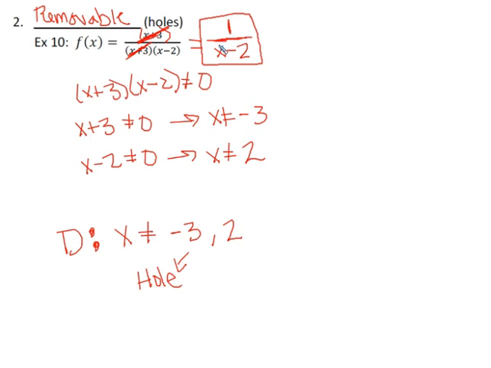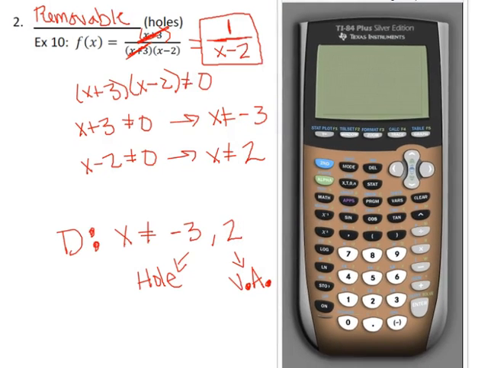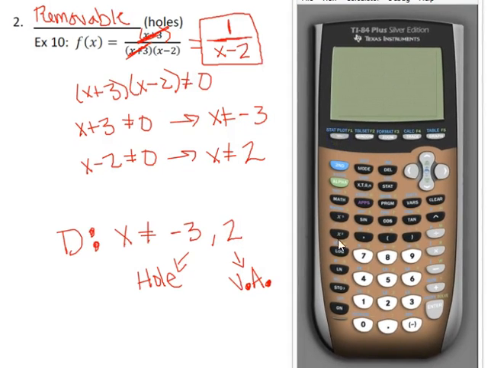Now notice how we still have that x minus 2 left over, which is where this domain restriction came from. Since this one is left over, we're going to hypothesize that it is a vertical asymptote. Since we were not able to remove it, that would mean it is a non-removable discontinuity. It's probably going to be a vertical asymptote. So let's check it graphically and see if our hypothesis is correct.